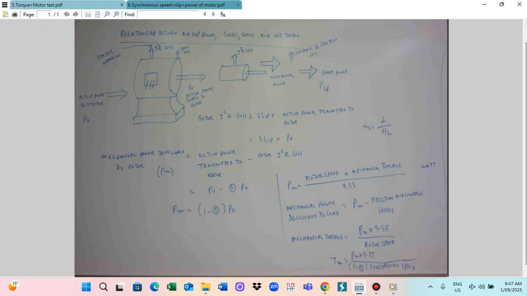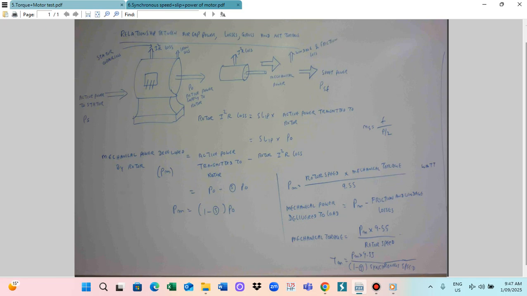We can also calculate the mechanical power developed by the rotor. This is the formula for the mechanical power developed by the motor, Pm.